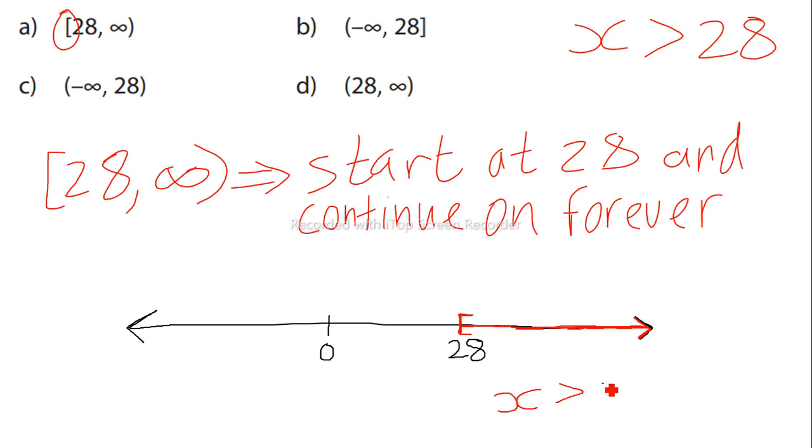That's a fact. But we must never forget that we are actually including 28. So x is greater than or equal to 28. Therefore, the associated inequality for this one is x is greater than or equal to 28.